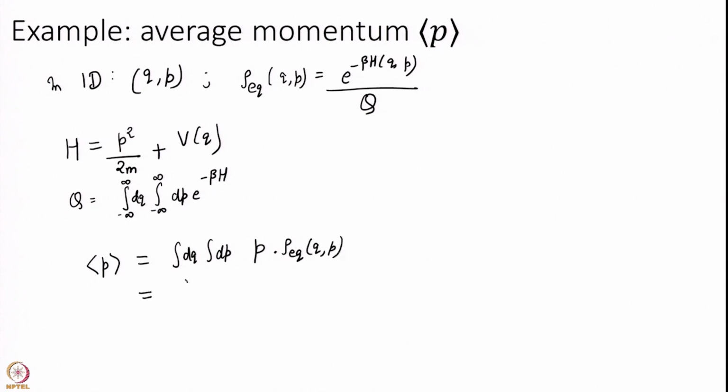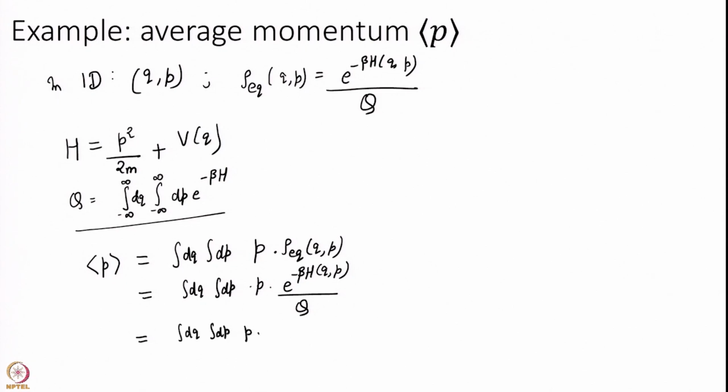So, let us substitute these quantities that I have written. Rho equilibrium is e to the power of minus beta h divided by Q, and I will substitute the Q here in this equation. So, I get integral of dq, integral of dp, p e to the power of minus beta h divided by something that will look very similar.